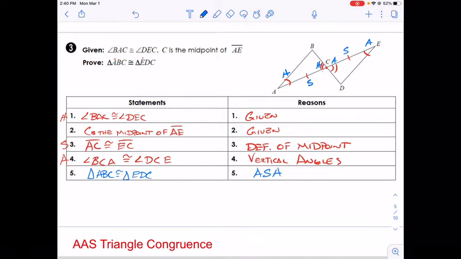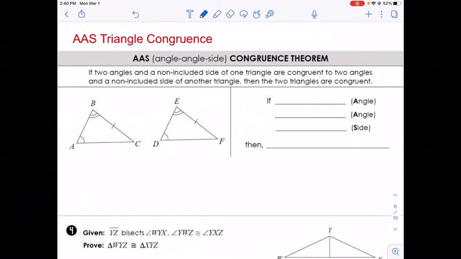All right, moving on down here. Let's look at the angle, angle, side triangle congruence. So if 2 angles and a non-included side of one triangle are congruent to 2 angles and a non-included side of another triangle, then the 2 triangles are congruent.